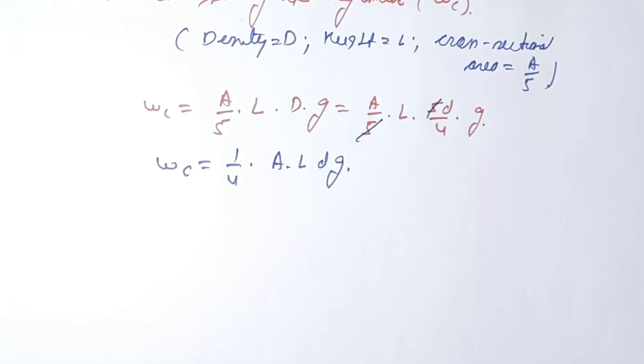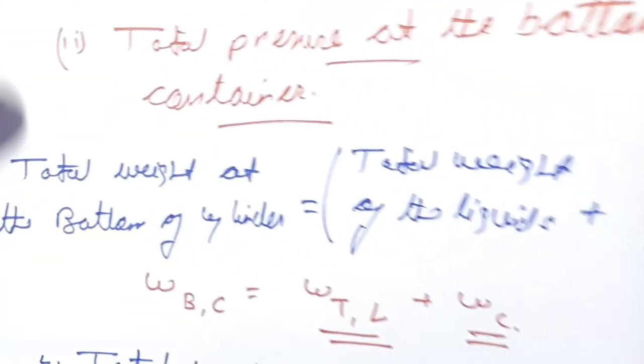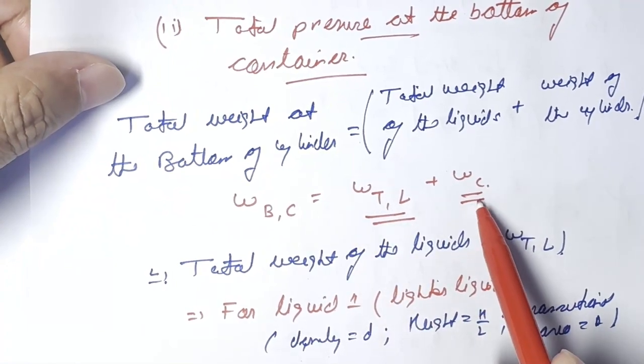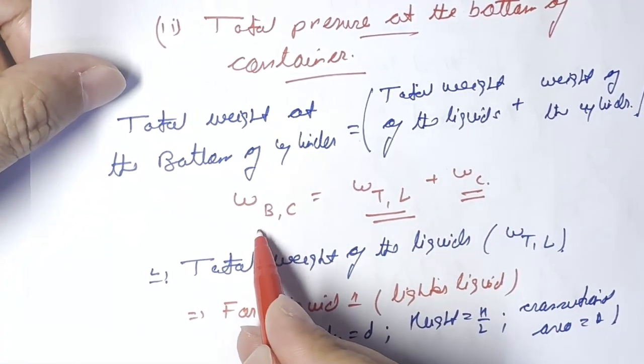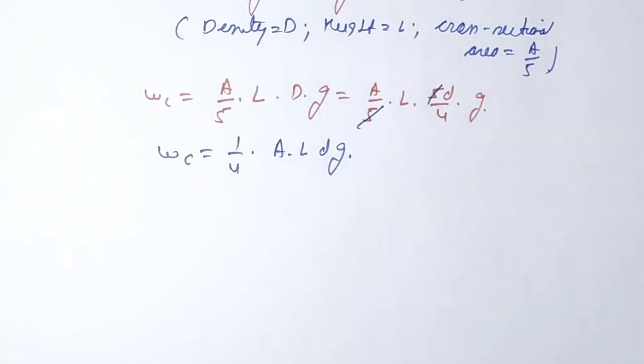Now we got both the values, the weight of the liquid as well as the weight of the cylinder, so we just add them. We are going to get weight at the bottom of the cylinder.